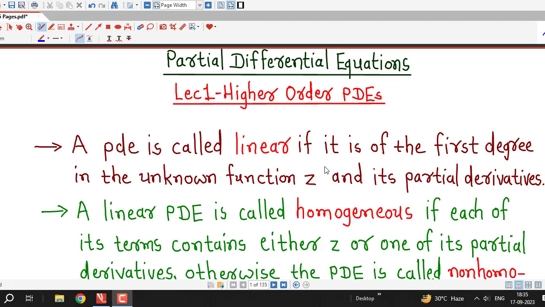In this lecture series, we are going to discuss methods for solving higher order partial differential equations. We have divided the methods of solving partial differential equations into two categories.